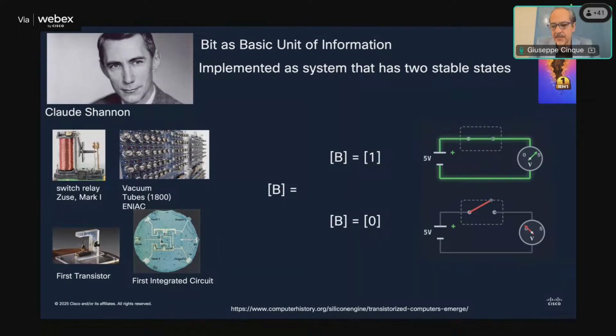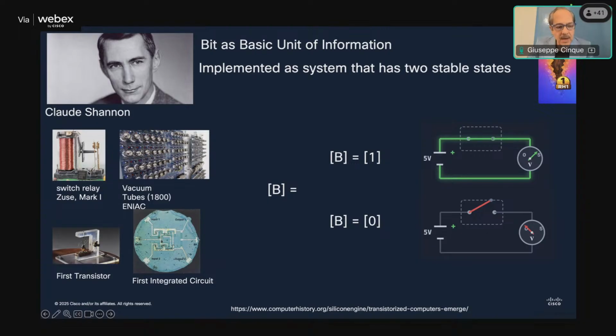The classical example is a two-state circuit, a circuit that can be closed, with electric current flowing, or open, without electric current flowing. We can describe this as the bit associated with this circuit being 1 if it's closed, or 0 if it's open.